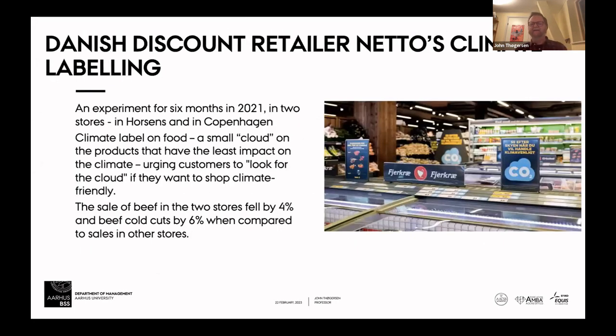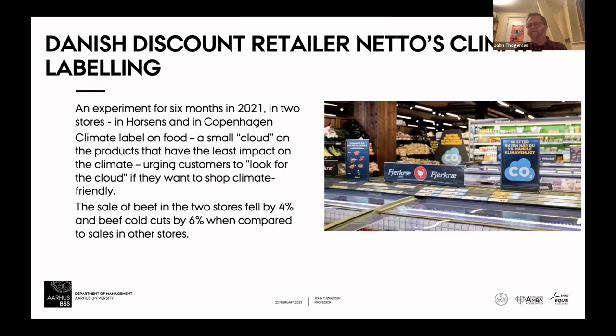Well, climate labeling has until now been tested in a number of different retailers in Europe. One of the tests was in the largest Danish discount retailer, which is called Netto. Netto tested climate labeling in two of its stores for half a year in 2021.